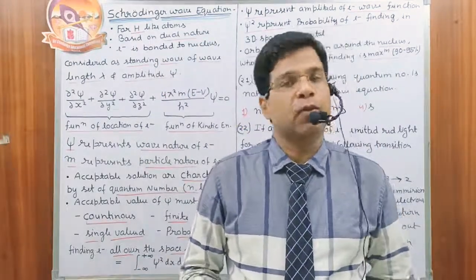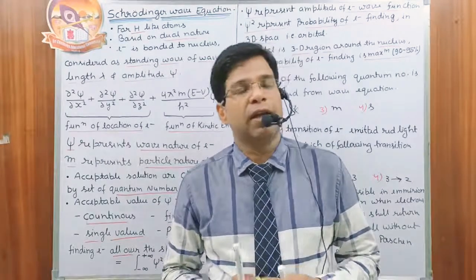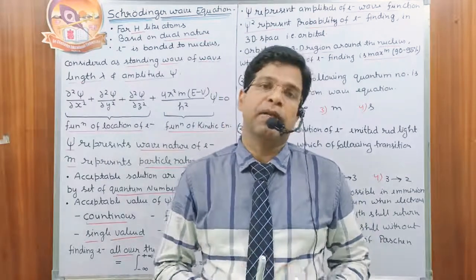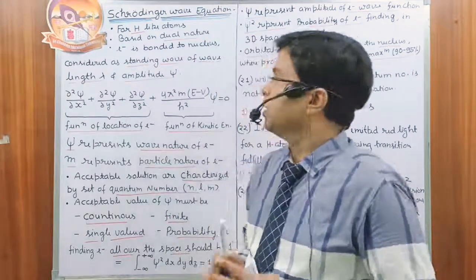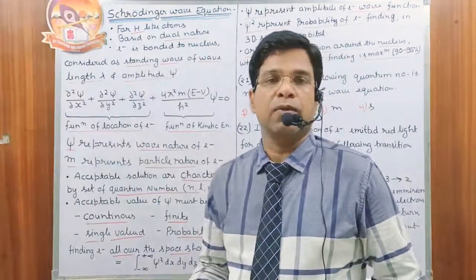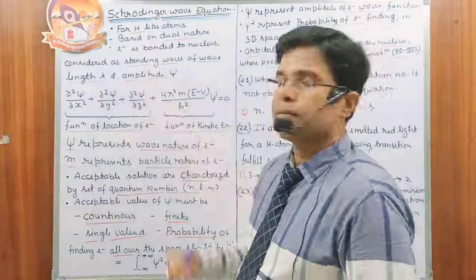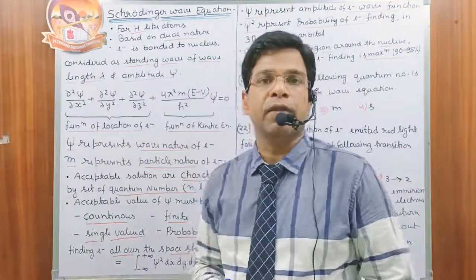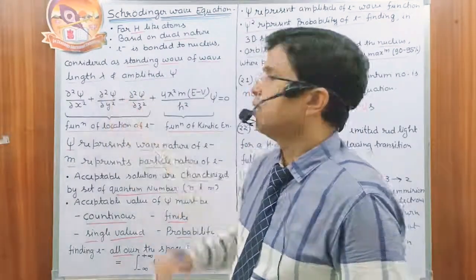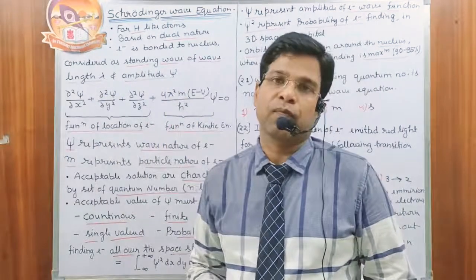Again, it is only applicable for single electron systems like the hydrogen atom, helium plus ion, etc. In this one, we assume that the electron is bonded to the nucleus, and that can be considered as a standing wave with amplitude psi and wavelength lambda.